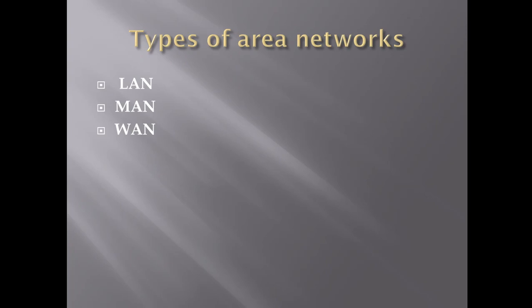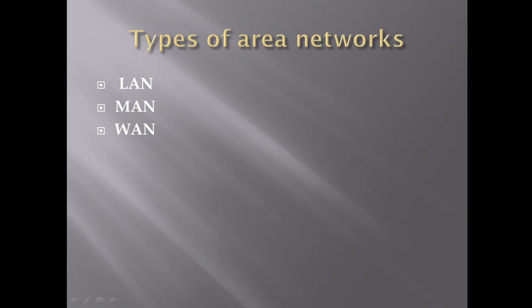The medium is nothing but the transmission media, that is guided transmission media or unguided transmission media, like here we are using a cabling system or wireless system between the two computers.